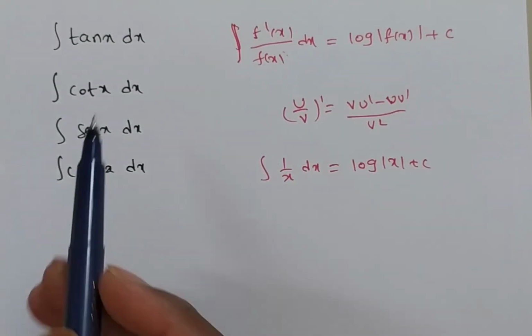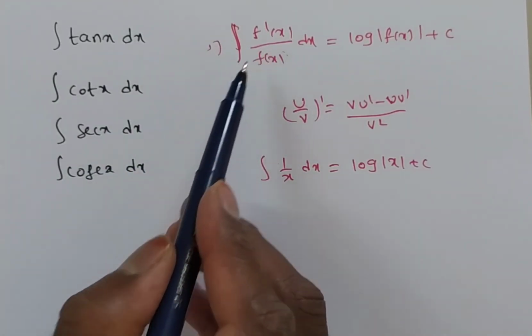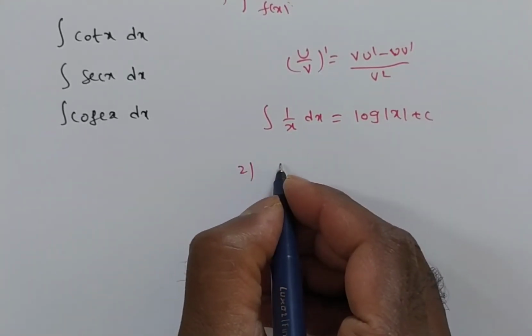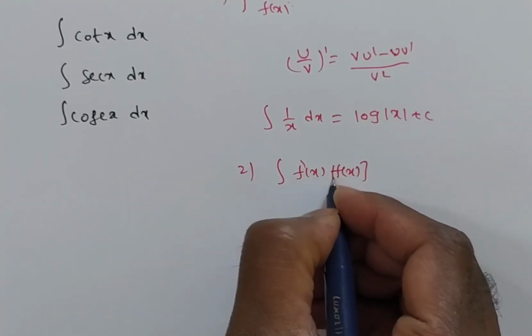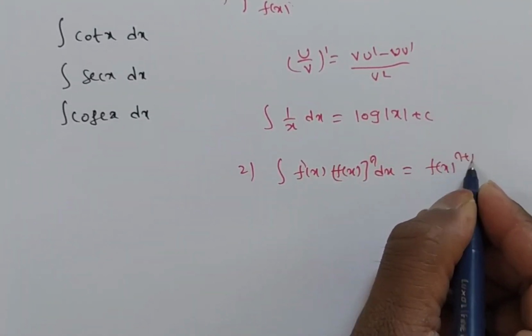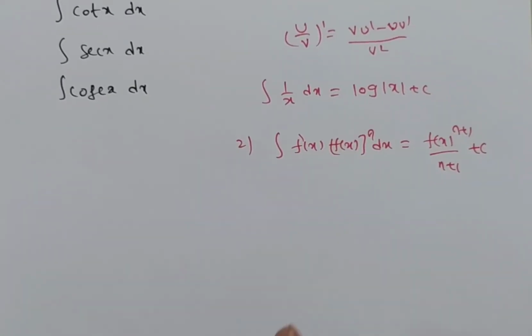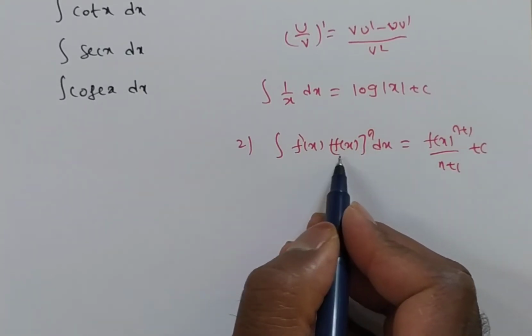Next, mainly to solve these problems we will apply this integral f dash of x by f of x dx. And the second one I am also discussing: you see, integral of f dash of x into f of x all to the power of n dx is equal to f of x to the power n plus 1 by n plus 1 plus c. You see friends, here you have f dash of x into f of x power n, nothing but a product of two functions.